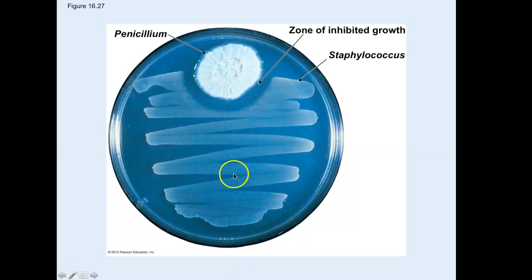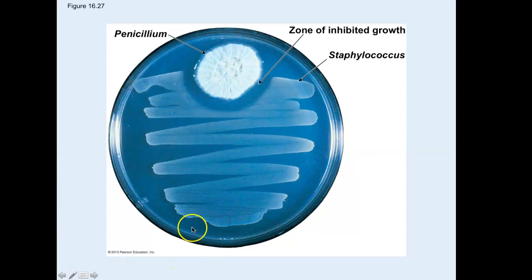So the Penicillium mold, as we see here, creates a substance that when it secretes it out into the environment, it kills bacteria. So we use this chemical and we call it penicillin, right? So penicillin was the first antibiotic that was created.